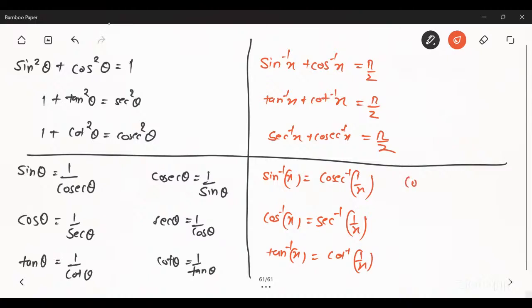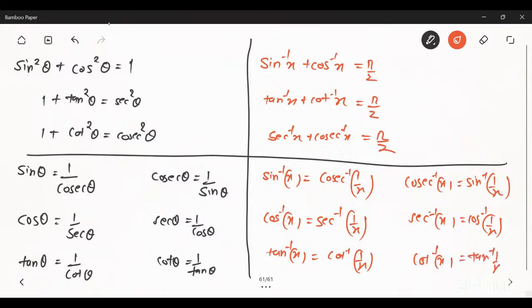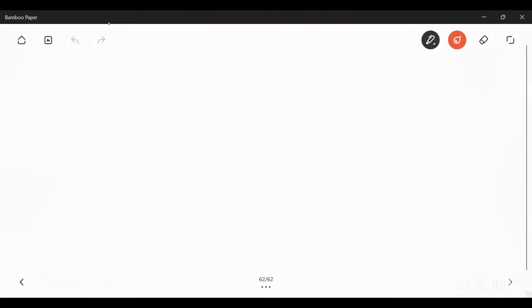And cosec inverse of x is equal to sin inverse of 1 upon x. Sec inverse of x is equal to cos inverse of 1 upon x. Cot inverse of x is equal to tan inverse of 1 upon x. Now all the trigonometric functions can be changed in that way.